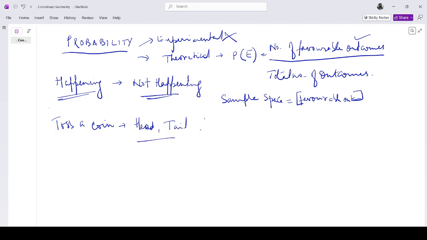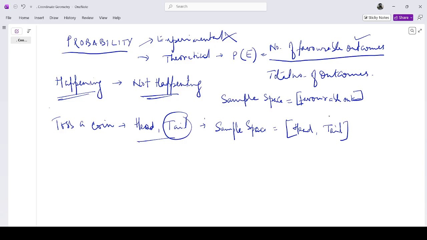When we toss, any one of the two is possible, head or tail. If we ask what is the probability of getting a tail, the sample space will be head and tail.